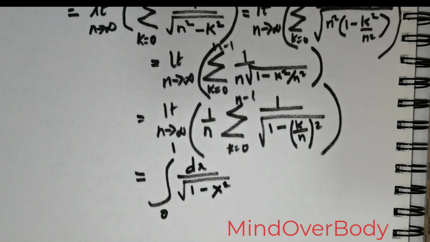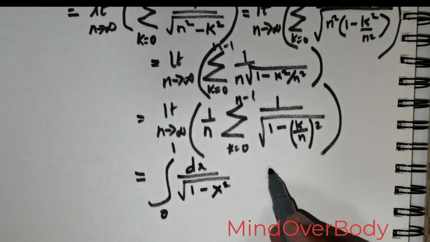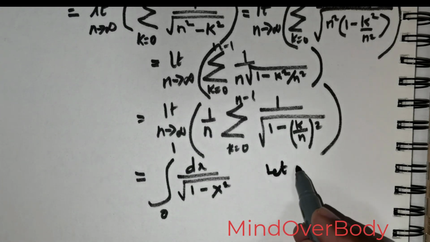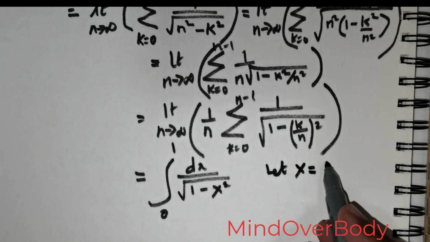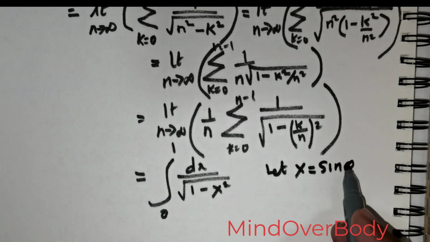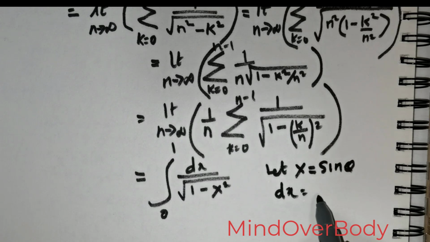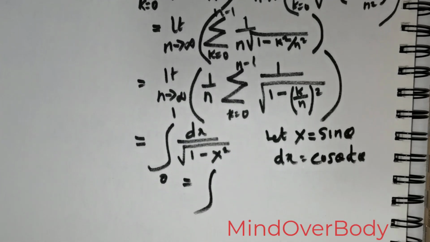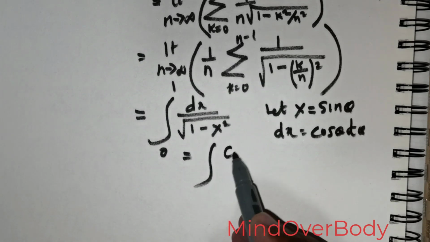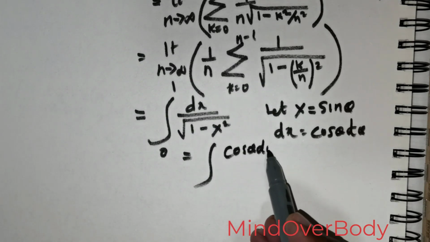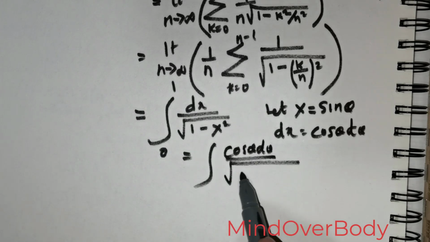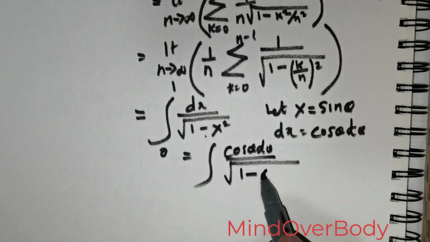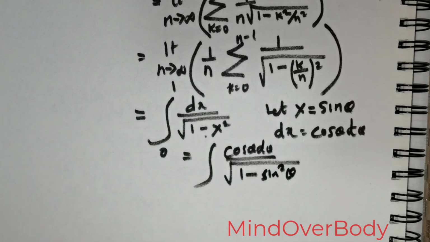Now we need to integrate this. I take x equal to sine theta, so dx is the differential of sine theta, which gives cos theta d theta. I'm not changing any limits, just retaining them as they are. So in place of dx we have cos theta d theta divided by the square root of 1 minus sine squared theta.